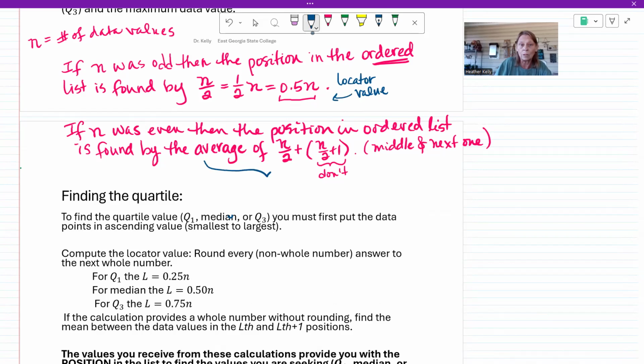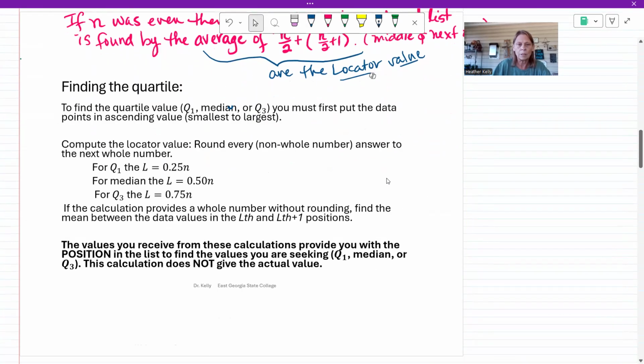The average of these things are the locator value. I don't want to change language midstream and now you're like, what is she talking about? This locator value that I use when I made my PowerPoint. Okay. So let me see if I can scroll down.